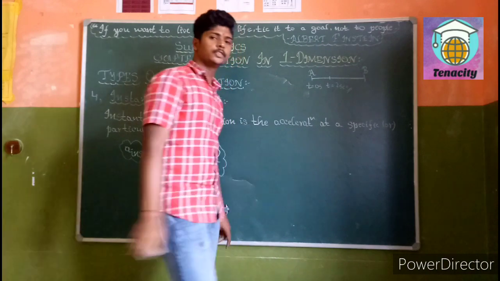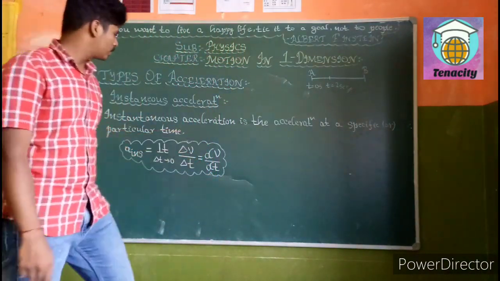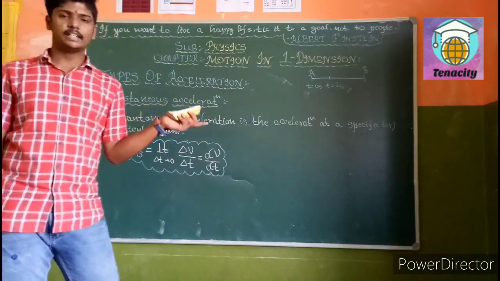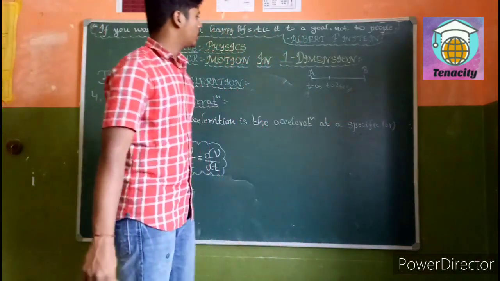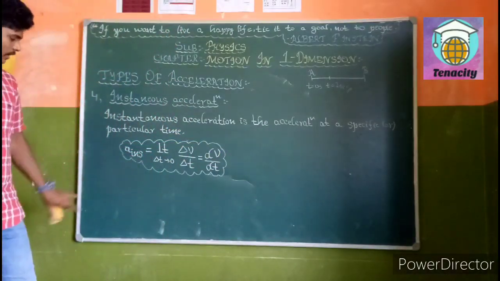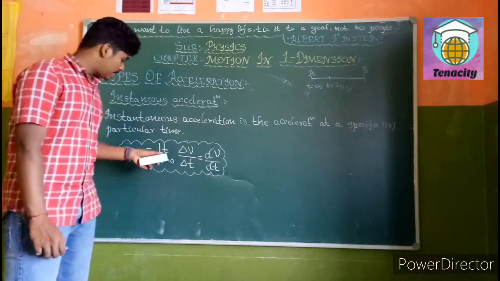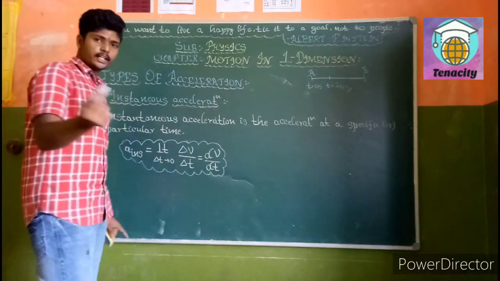When they ask you to find the instantaneous acceleration when t is equal to 2 seconds, what will you do? You have to use the concept of differentiation to find the instantaneous acceleration. Instantaneous acceleration is the limit as delta t tends to 0. Why are we writing delta t tending to 0?